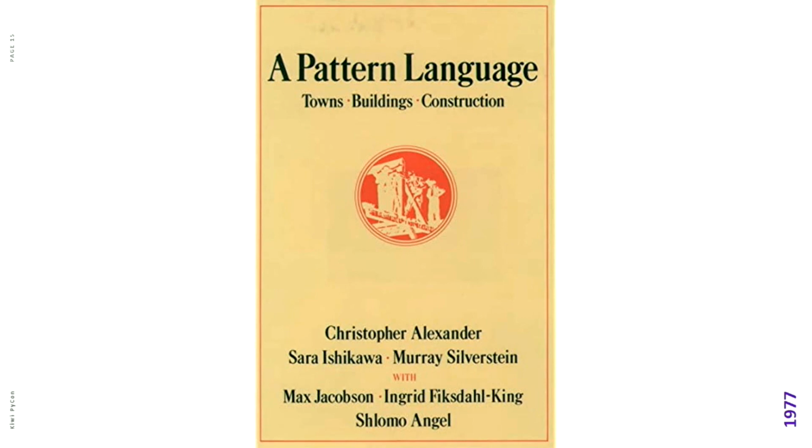This book is not the most exciting read, but it talks about the idea that over millennia, where cities and towns and houses have been built, there are these common patterns to what makes a successful city, town, or house.